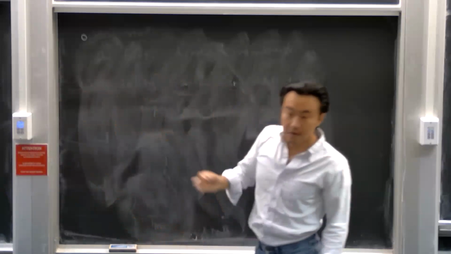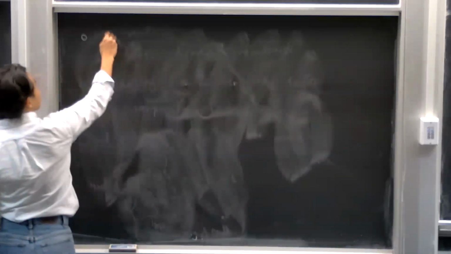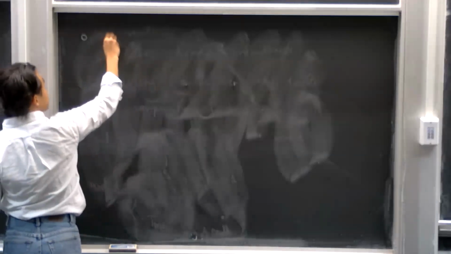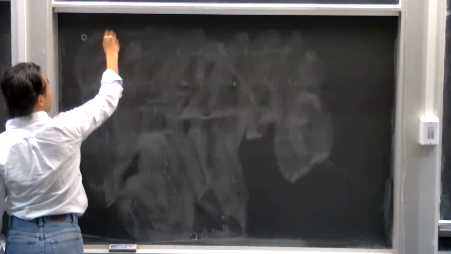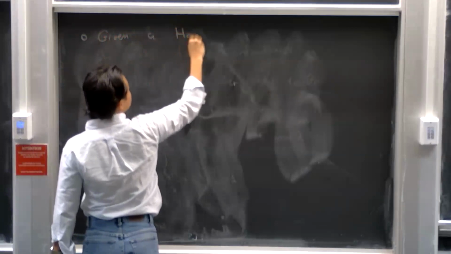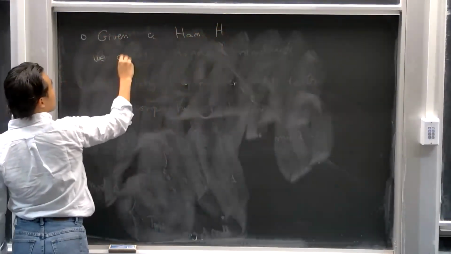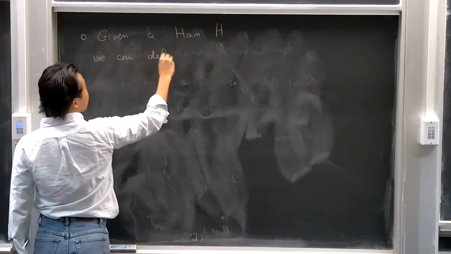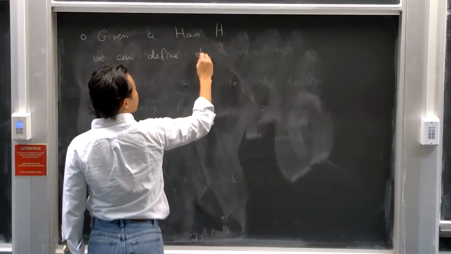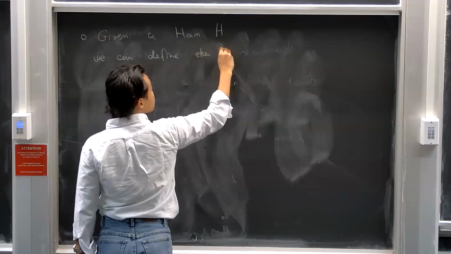So it started from a question in dynamics, let's say. Given a Hamiltonian H, we can define a thing called the Hamiltonian flow.